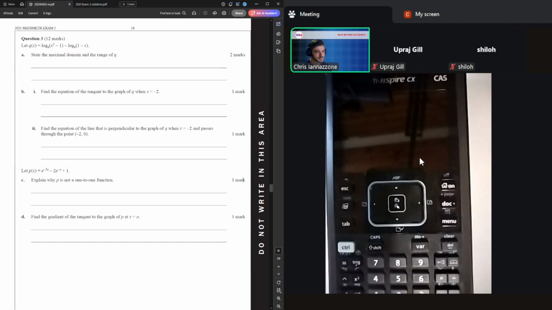Range is a bit trickier because you've got two separate things you're keeping track of, two separate logarithms. There's a way to simplify things though.